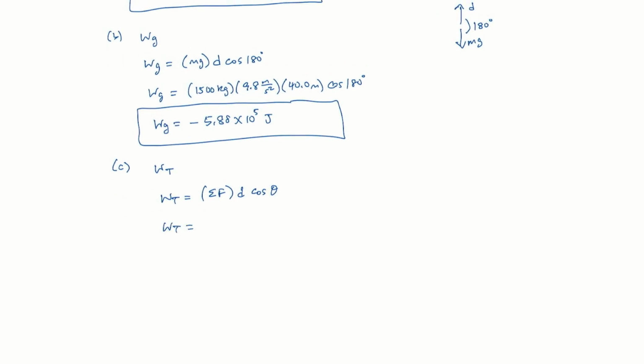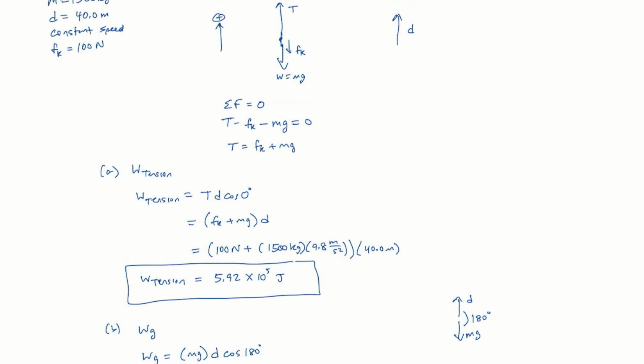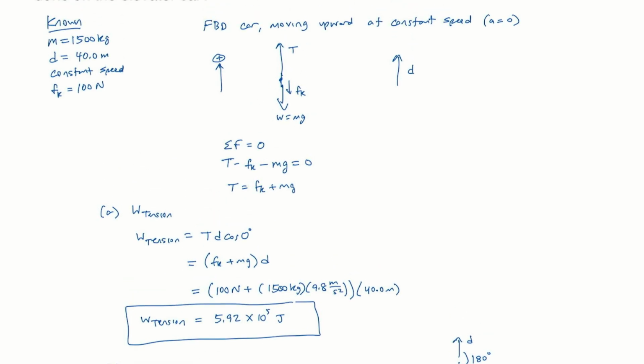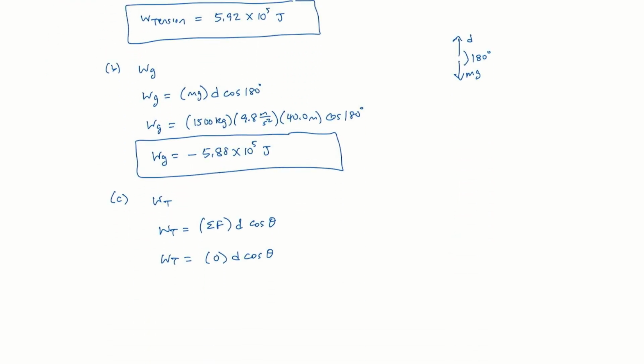The total force is 0. When we summed our forces, we said it was equal to 0, and that was because it's moving at constant speed, which makes the acceleration 0. So our total work is going to be 0 times a number times a number. Ultimately, it's still 0, so it is 0 joules.